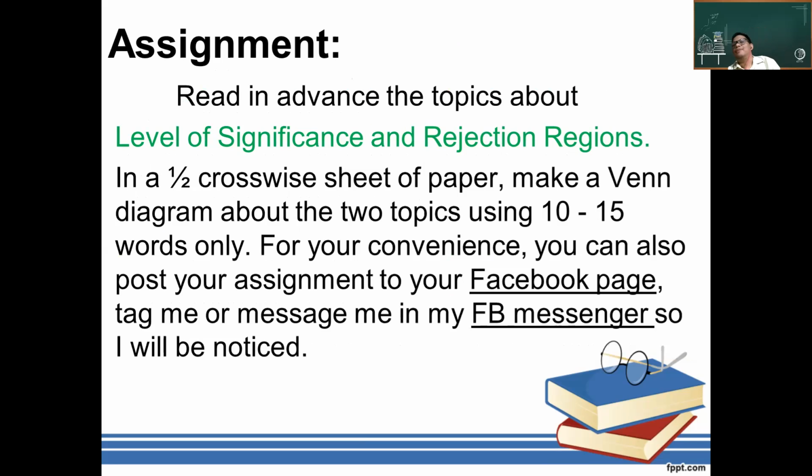Okay, class, for your assignment, I want you to read the next topic in our SLM. It is about level of significance and the rejection regions. On a 1/2 crosswise sheet of paper, make a Venn diagram about the two topics using 10 to 15 words only.